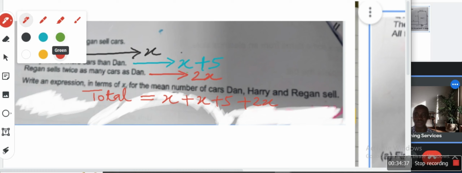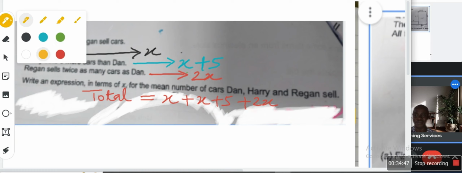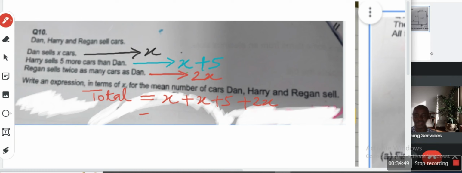Add up. X plus X plus 2X, that's 4X. Good. If you collect like terms, you're going to have X plus X plus 2X plus 5. That's 4X, so 4X plus 5, is it not?